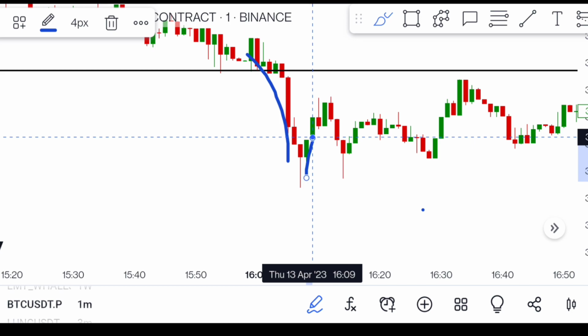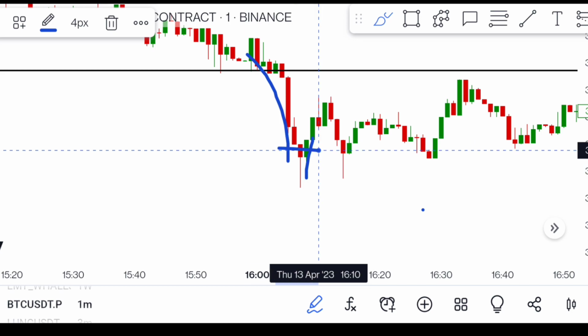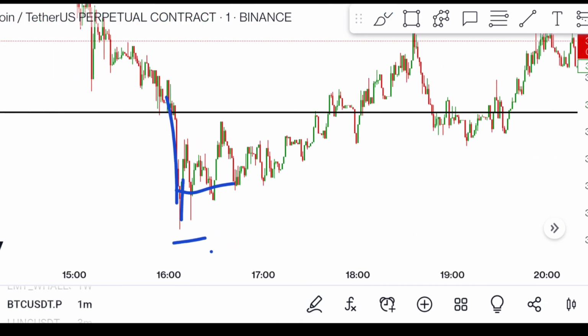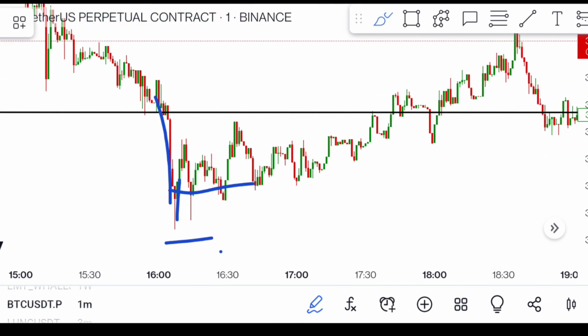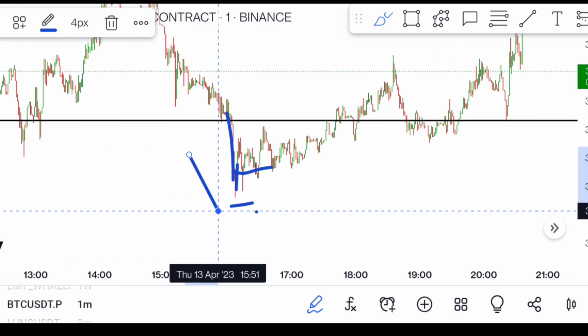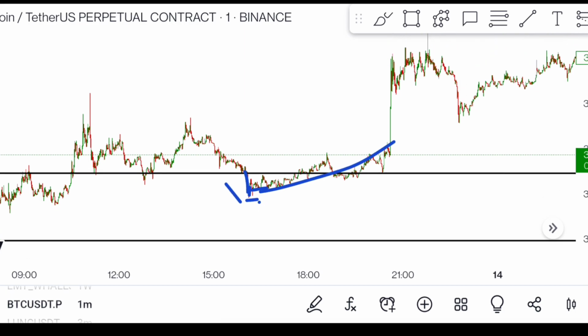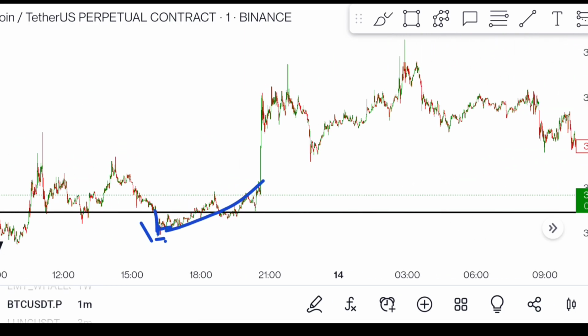You can see this one. So you have to put your orders here and your stop loss here. You can see it came down to that spot, your orders got filled, and it went straight up.